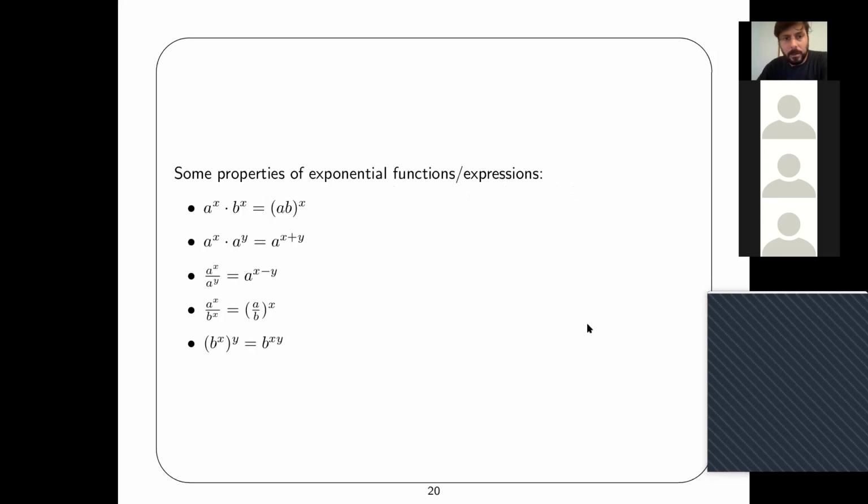Because we can take these rules here, the second rule. And that one is in fact equal to a to the power of z. And then we conclude that z is u plus v.